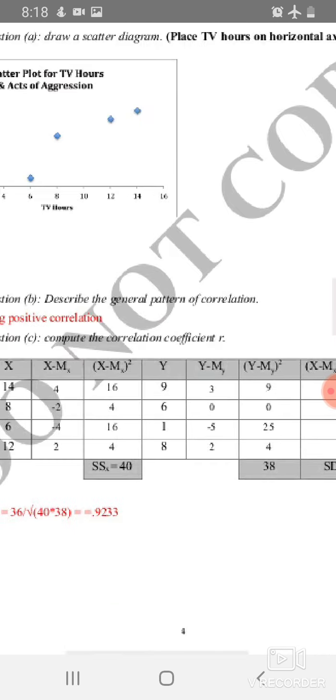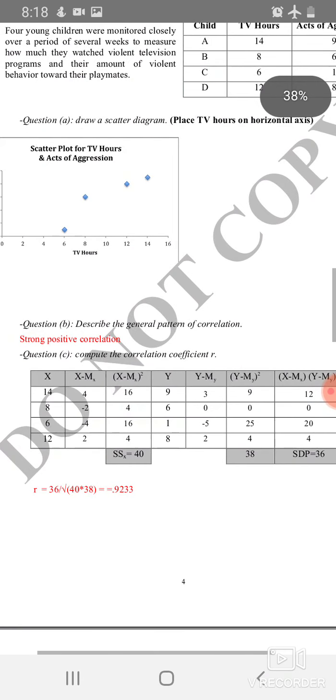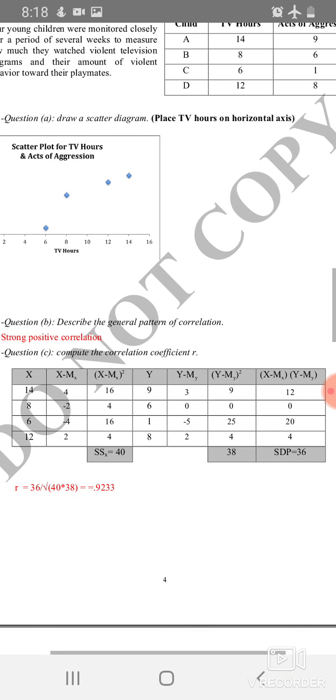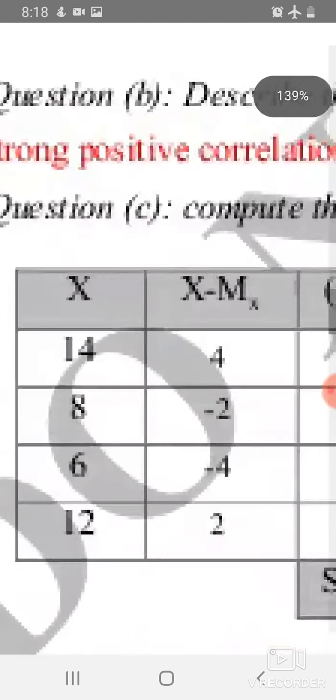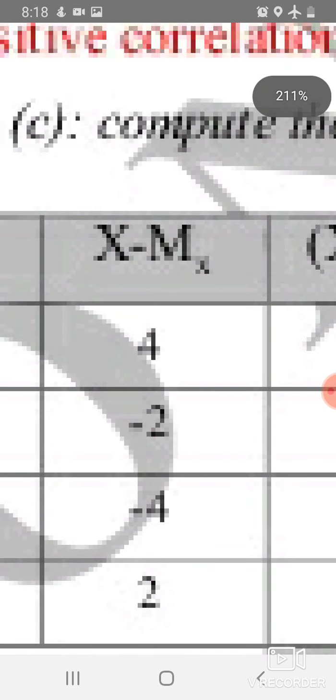We're very familiar with sum of squares. So within this is the definitional formula of sum of squares. So right here, you plot all your x's, and then you get the mean. So if you add 14 plus 8 plus 6 plus 12 and divide by 4, you will get 10. Now you're going to get all the deviations from the mean.